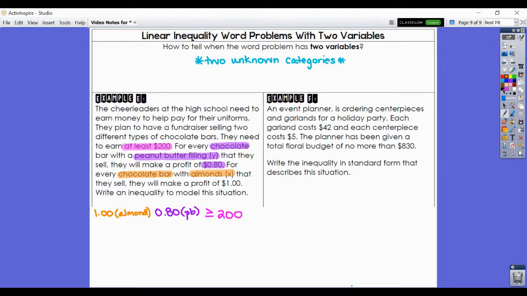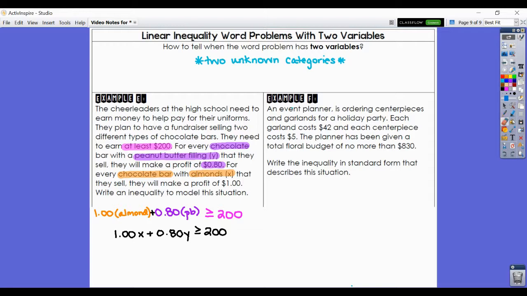So because they're different prices in different categories, different variables, we have two of them here. So we can swap out the almonds for X, like it said in the problem, our peanut butter chocolates for Y, and having it greater than or equal to 200. That way we could graph this if ever need be.